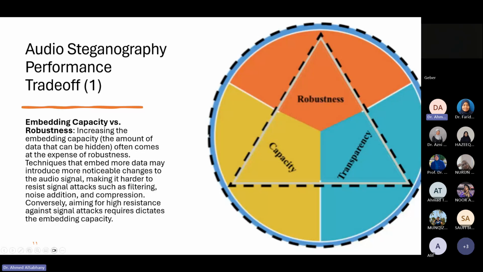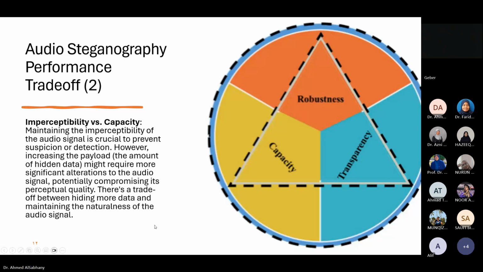Conversely, aiming for high resistance against signal attacks often dictates the embedding capacity to be lowered.